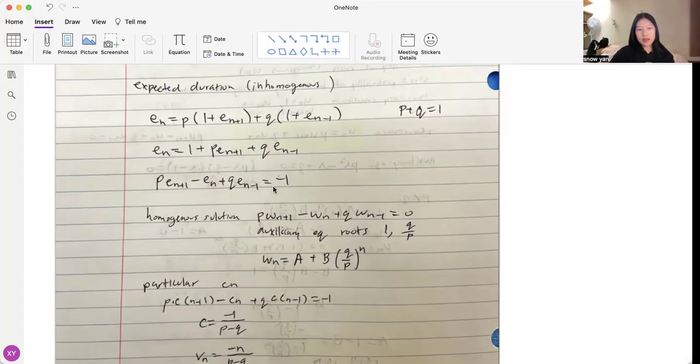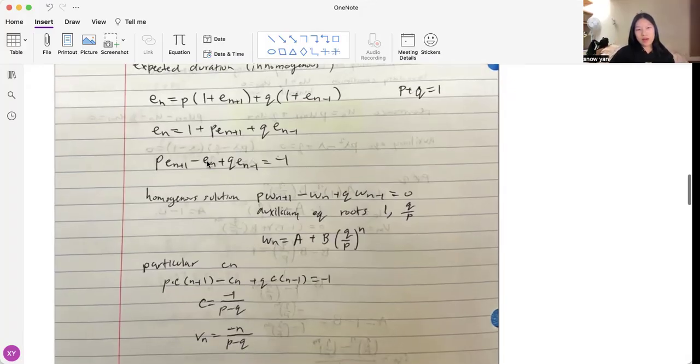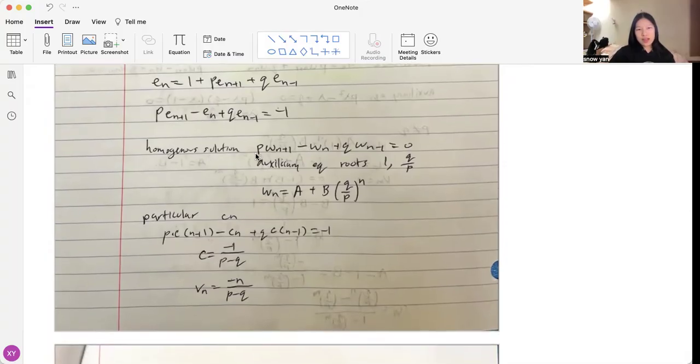Then what I do next is find the homogeneous solution and the particular solution. After plugging this in, I get the roots 1 and q over p, so I have to break it down into equal versus not equal cases, and I get that it's in the form of this. Because I have a root 1, my particular solution can't be 1 or else there'll be repeats.